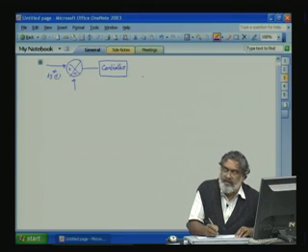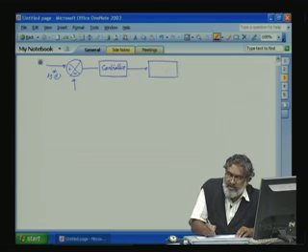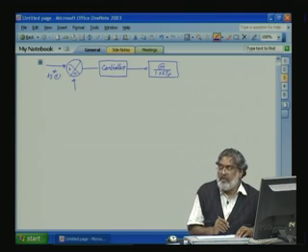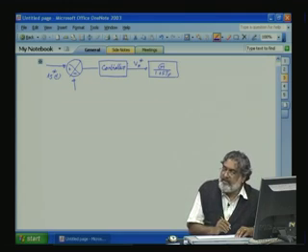This controller output will go to our converter. The converter we are representing with a gain G and a first order lag, that is 1 plus STR. Okay. This is our VR reference.